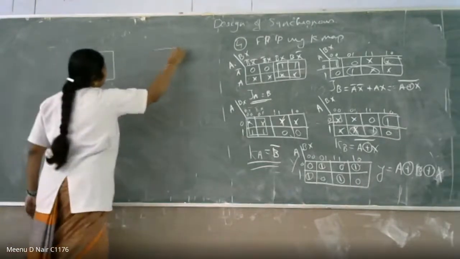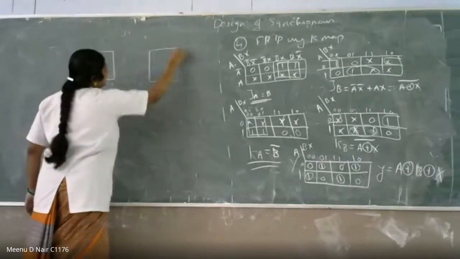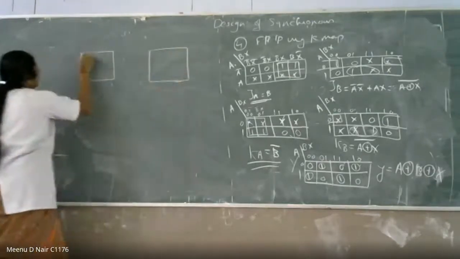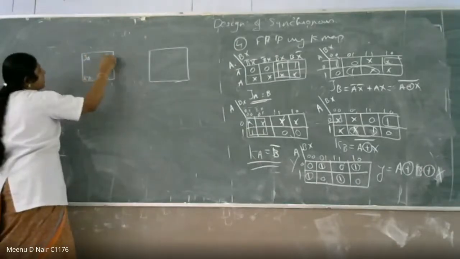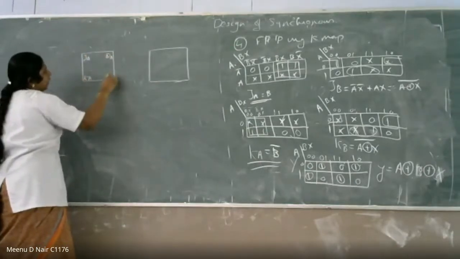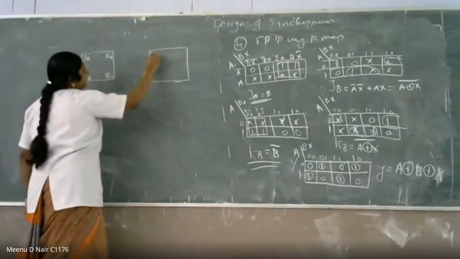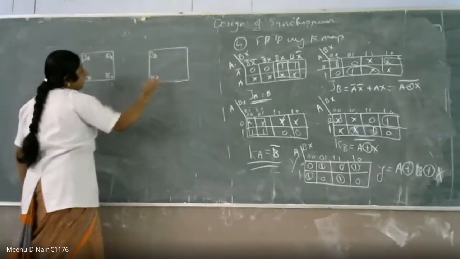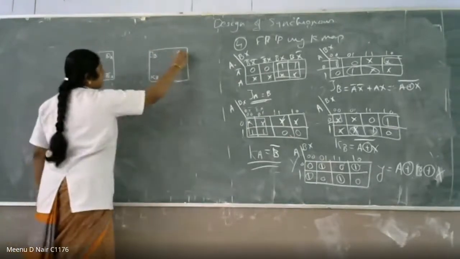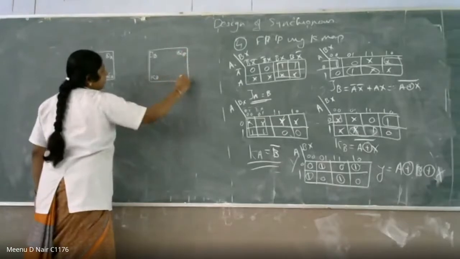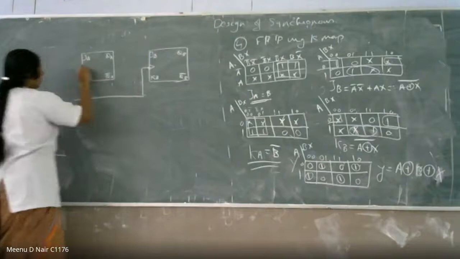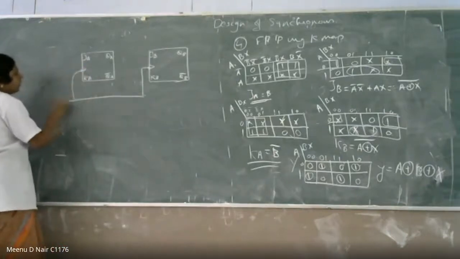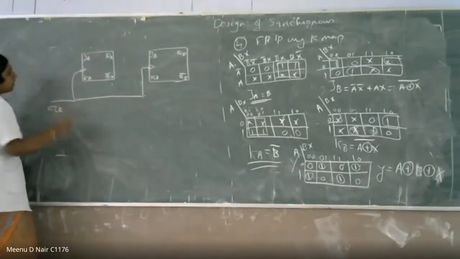This is the first one and this is your second one. Here it is JA, KA, this is QA, QA bar, this is JB, KB, and this is QB, QB bar. It is pulsed together. The same clock pulse is given.